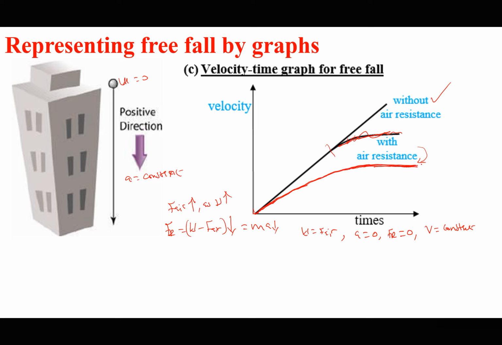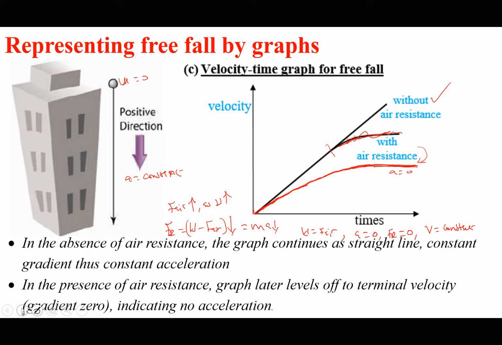So with air resistance, the acceleration goes on decreasing. Of course, the line will always be below the first one. And with time, the line becomes horizontal because here the acceleration becomes zero when the velocity becomes constant. So in the absence of air resistance, the graph continues as a straight line, constant gradient, thus constant acceleration, because the gradient of a velocity time graph is the acceleration.